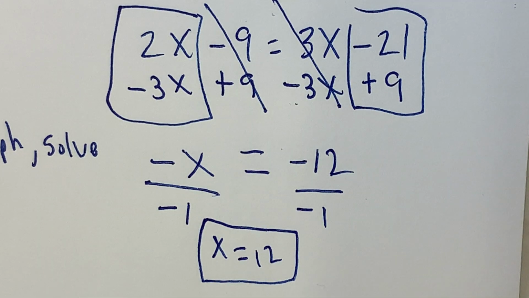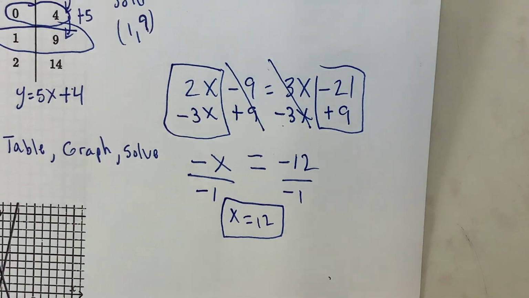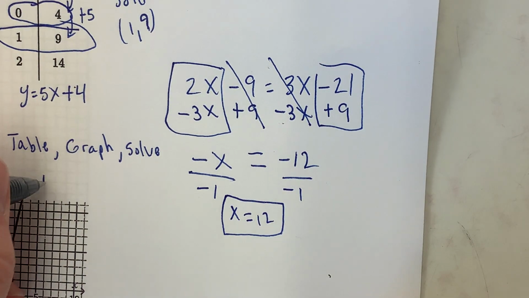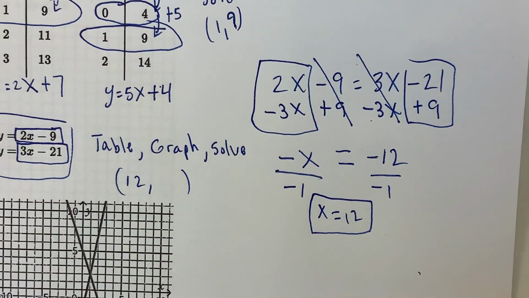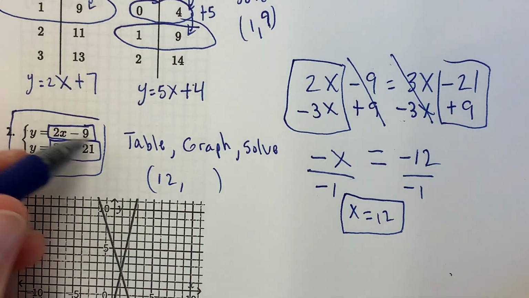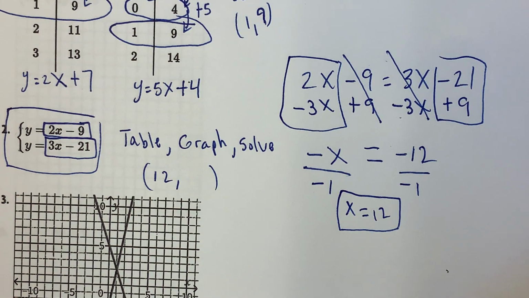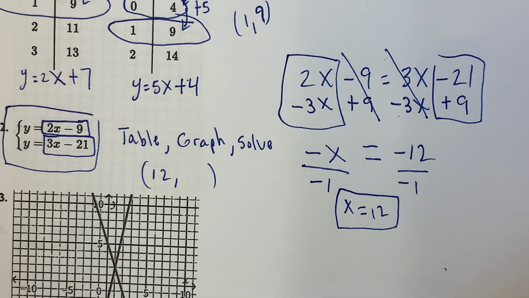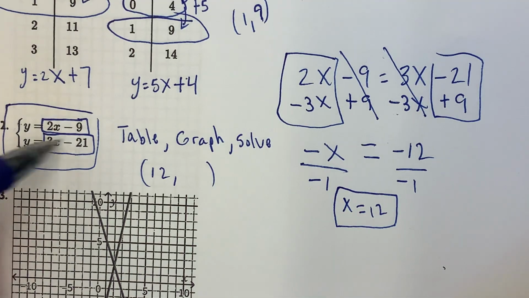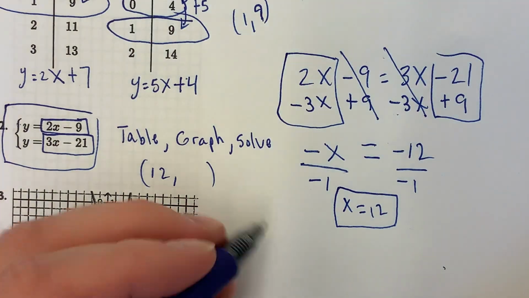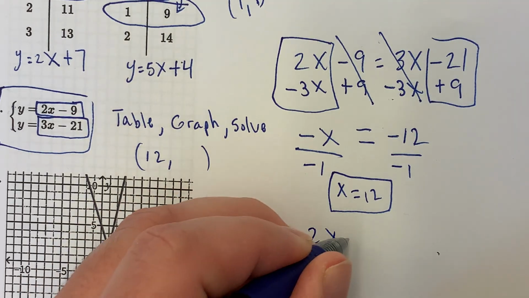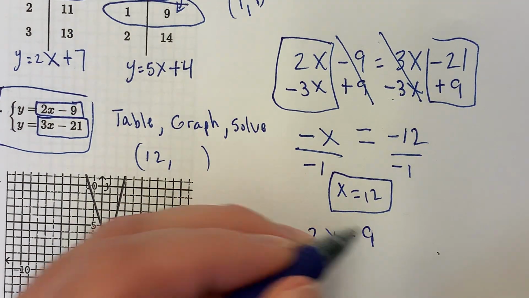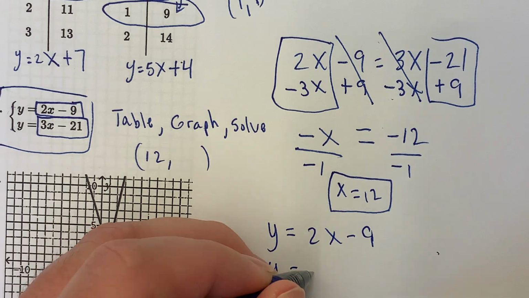And we're only halfway there because now we know the answer is going to start with 12. But we have to plug 12 back into one of these equations, and it's your call. They're both really similar, so I'll just choose the top one. So y equals 2x minus 9. That's what I chose. Now plug in for x.